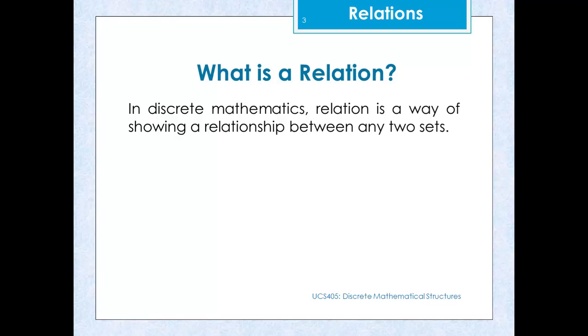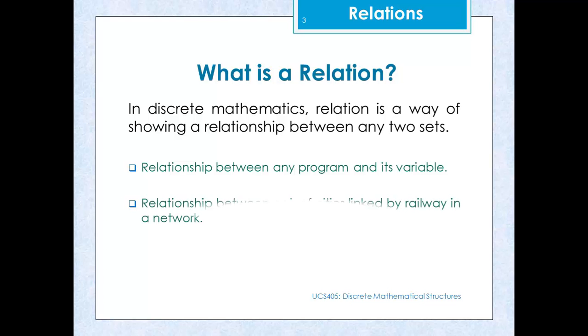We can say that the relationship between a program and its variables is a type of relationship. Similarly, the relationship between pairs of cities linked by the railway network or air network. So these are all examples of relation in discrete mathematics, or you can say in real life.